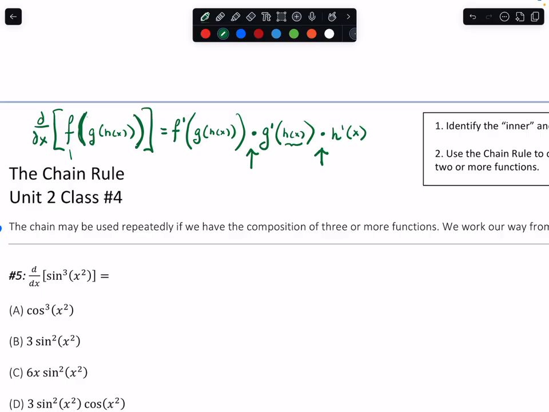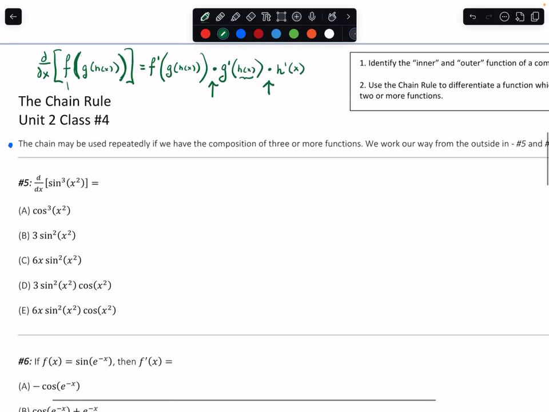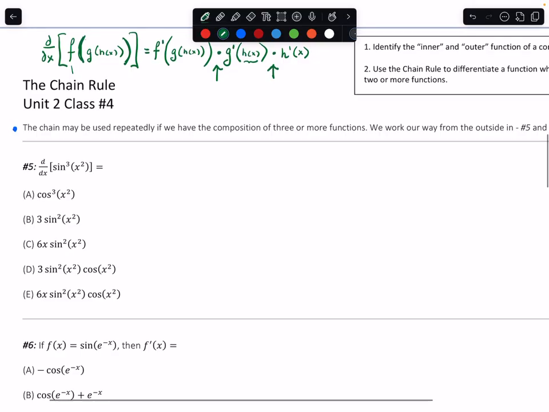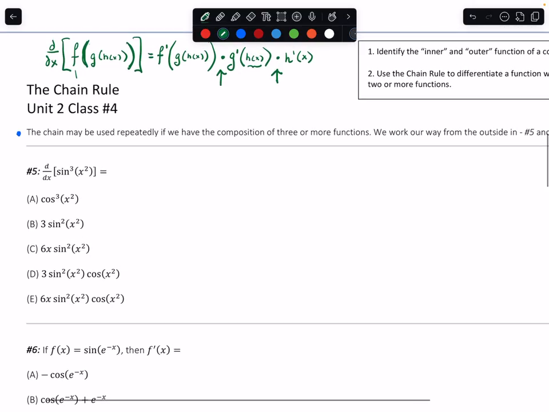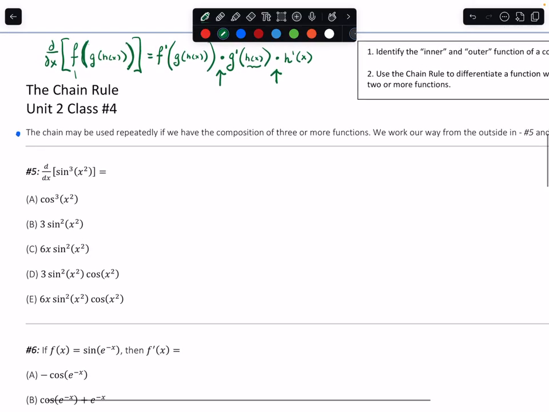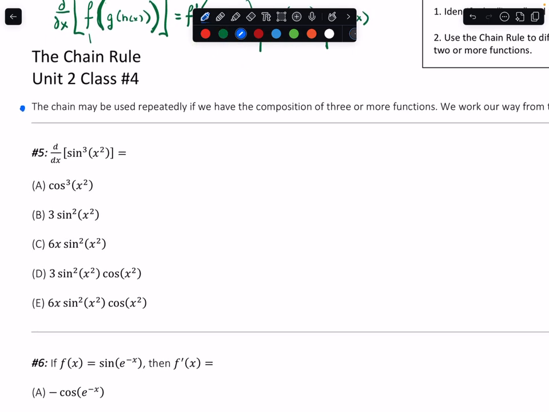So that example, they are willing to go up to the composition of 3 functions. They will do it. No more than that. So you will not see the composition of 4 or more functions. So a little multiple choice action here, always fun. d/dx of sine cubed of x squared, which makes you vomit, is what?